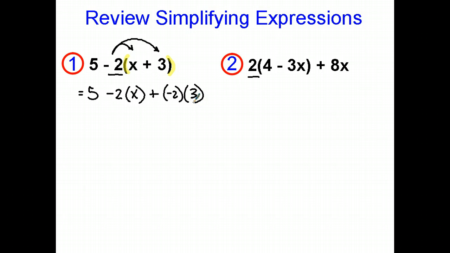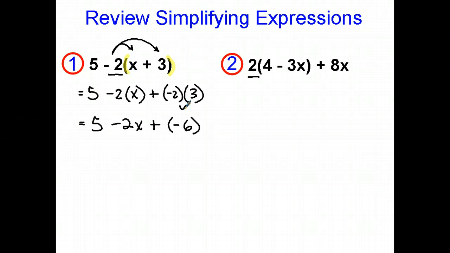Now at this point we can see our parentheses disappeared because of distribution, and we're going to simplify everything the rest of the way. So we say, okay, 5, and our order of operations would tell us to multiply now. So negative 2 times x would be negative 2x, and plus, and negative 2 times 3 would be a negative 6. So notice I kept those in parentheses to show that's where they came from.